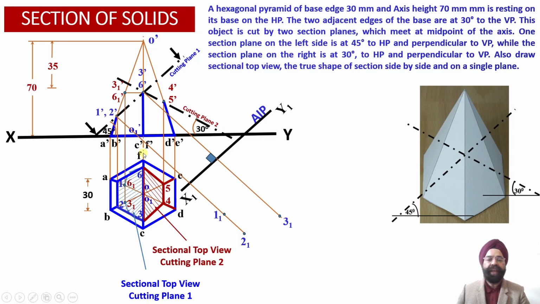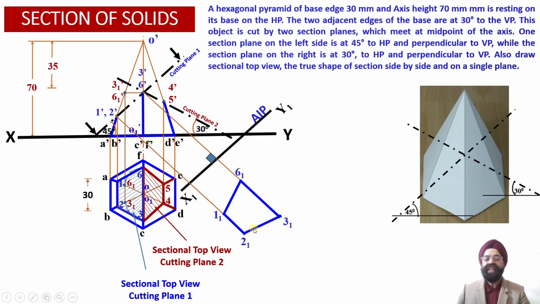And finally, corresponding to the point number 6, again we measure the distance of point 6 from the XY reference line, and onto the projector line corresponding to the point 6 dash, ahead of the plane, we mark the same distance. This way we are able to evaluate point 6 1 on the auxiliary plan view. Once we obtain these 4 points, we join them using a blue color line.